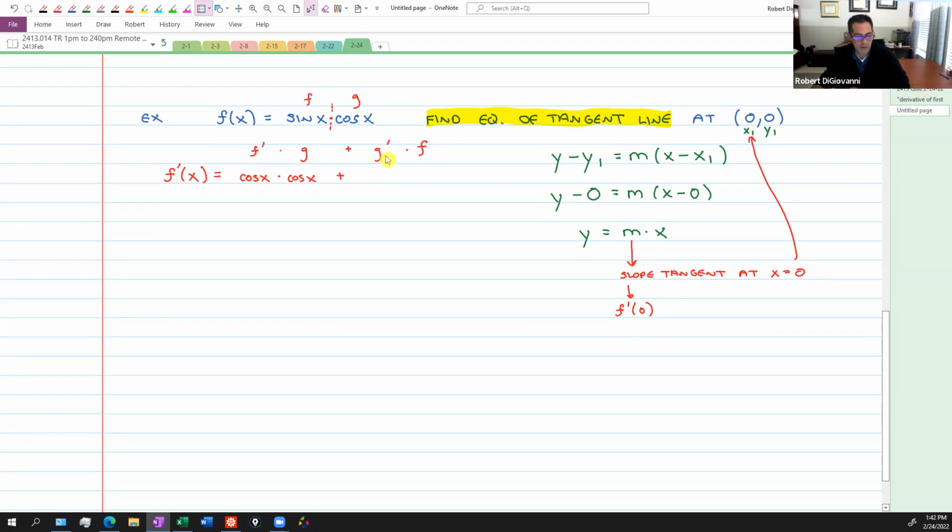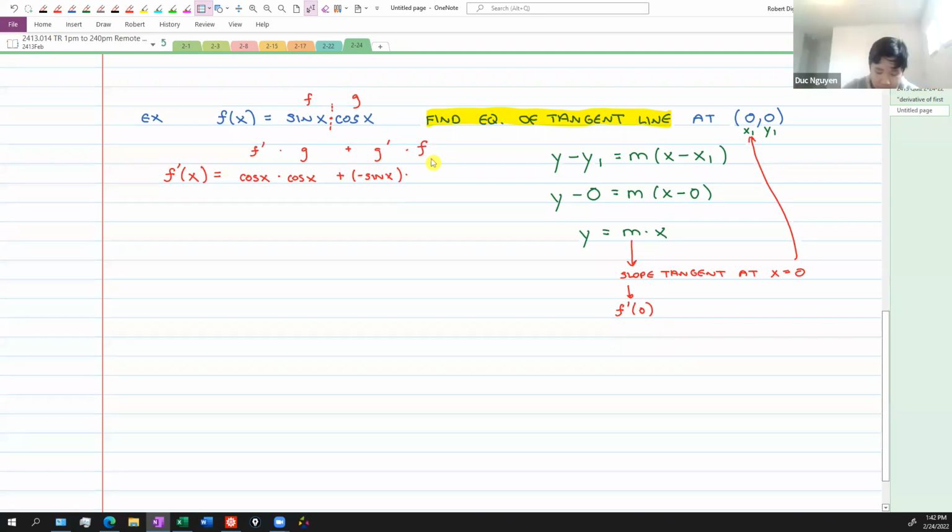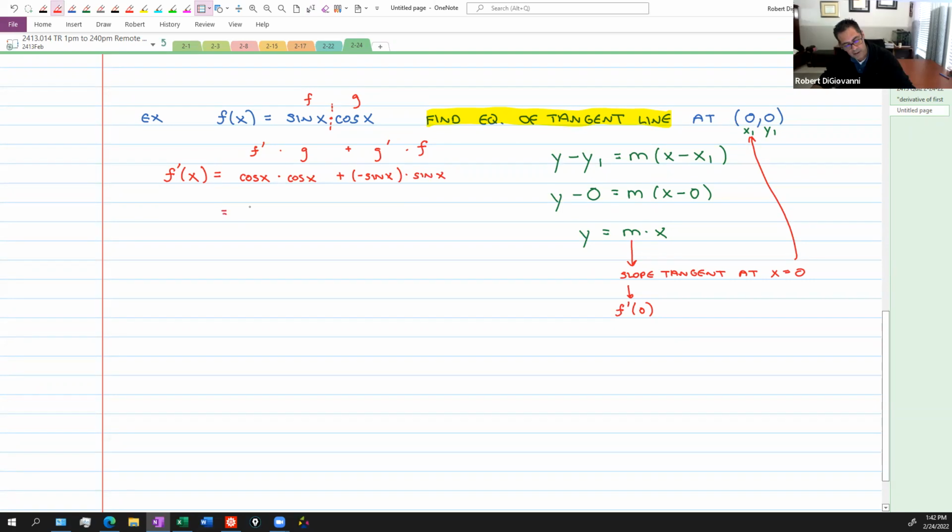Plus, now what's the derivative of g? Negative sine x. So derivative of cosine x is negative sine x times what's f? Sine x. So we get cosine squared x.